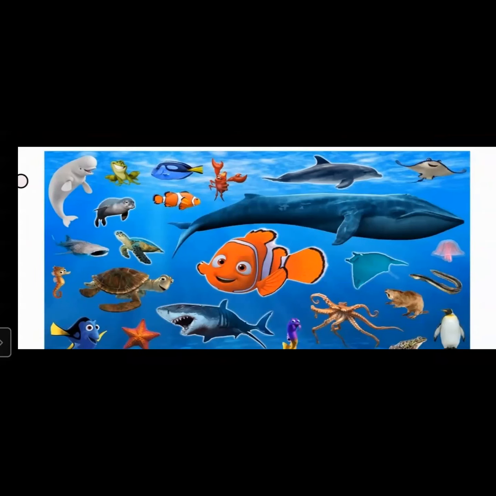These are water animals, and the animals which live in water are known as aquatic animals. Whether animals are living on land or in water, or plants, all living things need water to stay alive.